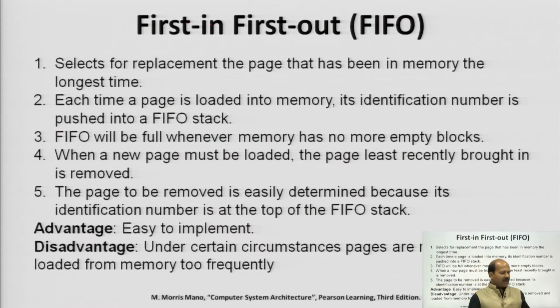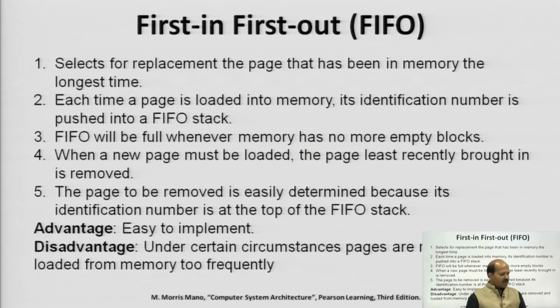In the next step, the FIFO will be full whenever memory has no more empty space. So, obviously, the queue or the stack is full, and we cannot store the next identification number or the next reference page. In the next step of this algorithm, when a new page must be loaded, the page least recently brought in is removed.